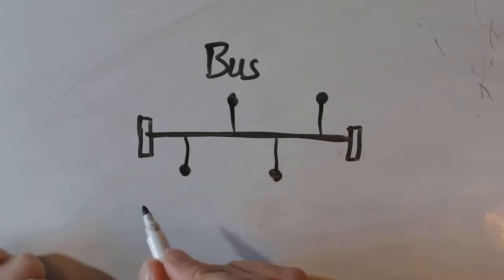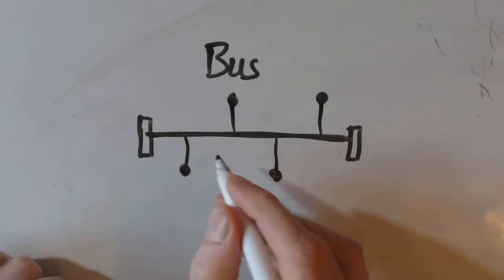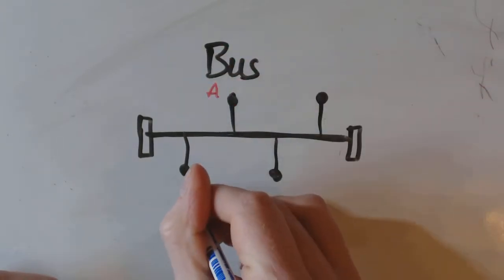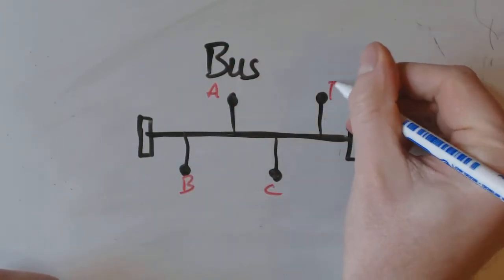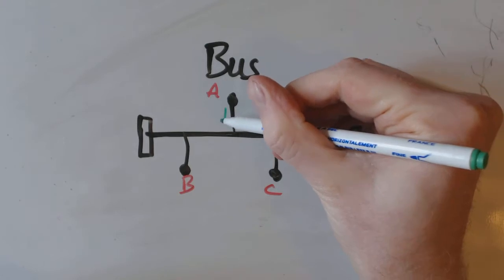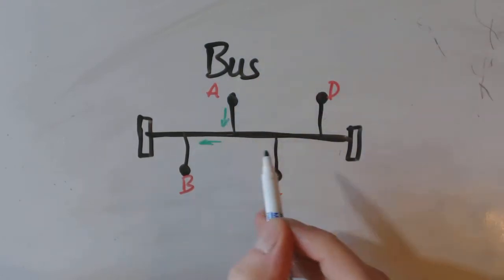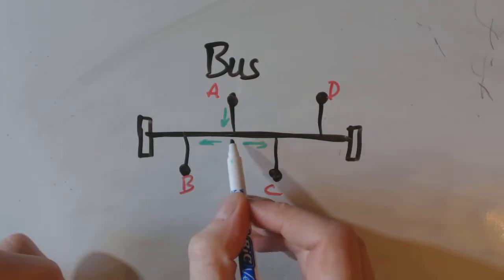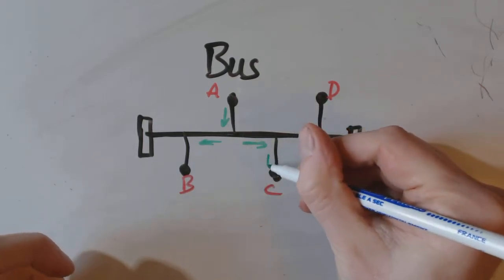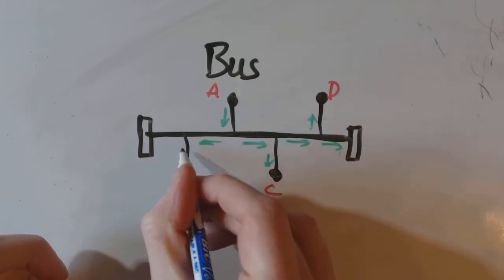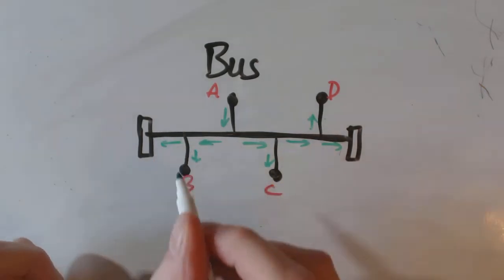Say that's A, B, C and D. Now if A wanted to send C data, what would actually happen? It would go down the channel, it would split in two because it has the option to go left or right. It would go to C, but it would continue along to D, and to the end as well.